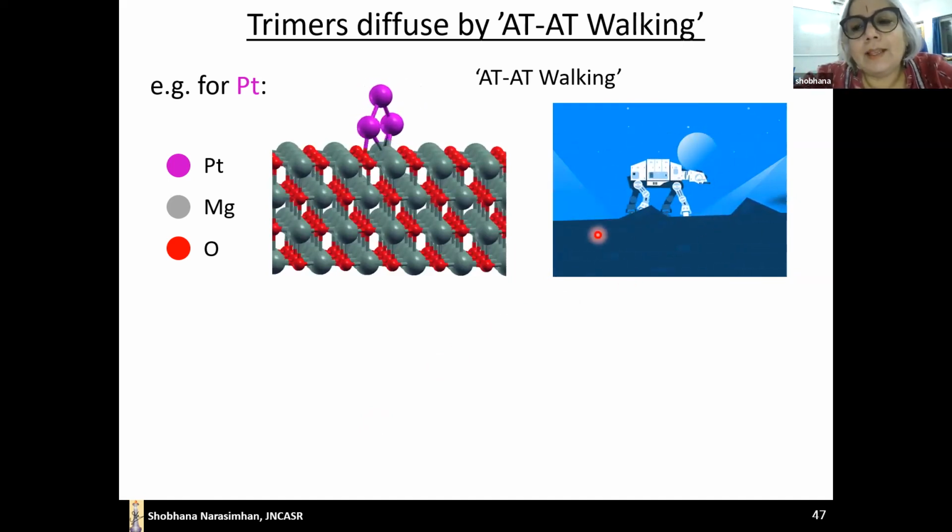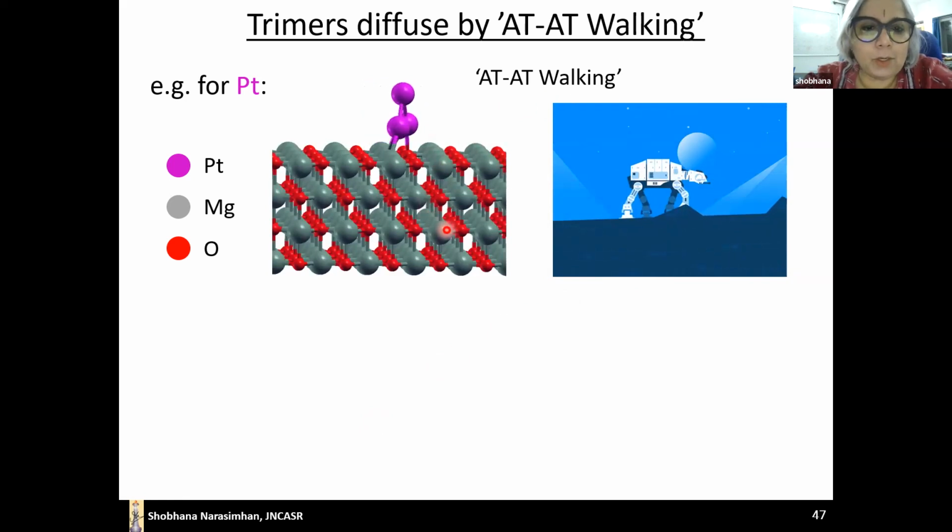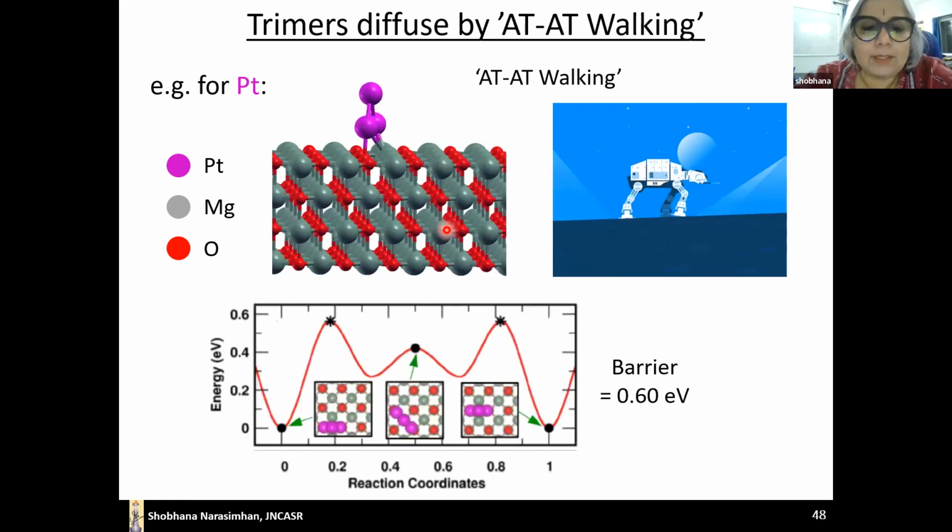In them, they have these transport vehicles called AT-AT walkers. And the way this cluster was moving on the surface, it reminded me most of an AT-AT walker. So I decided to call this AT-AT walking. And once again, we can calculate the barrier for this diffusion, and it comes out to be 0.60 electron volts.